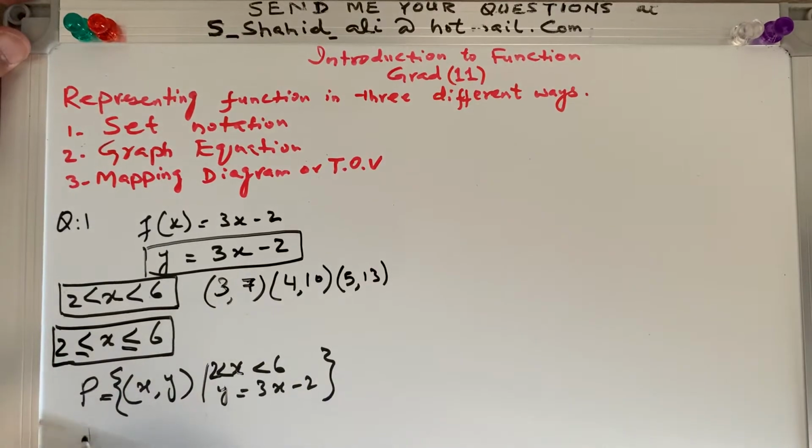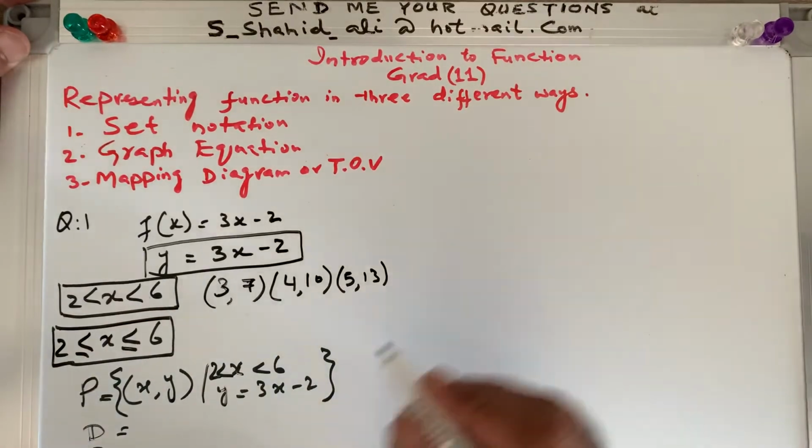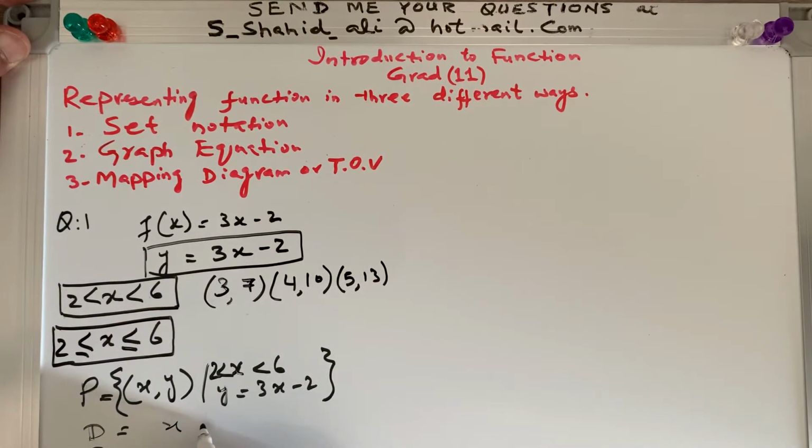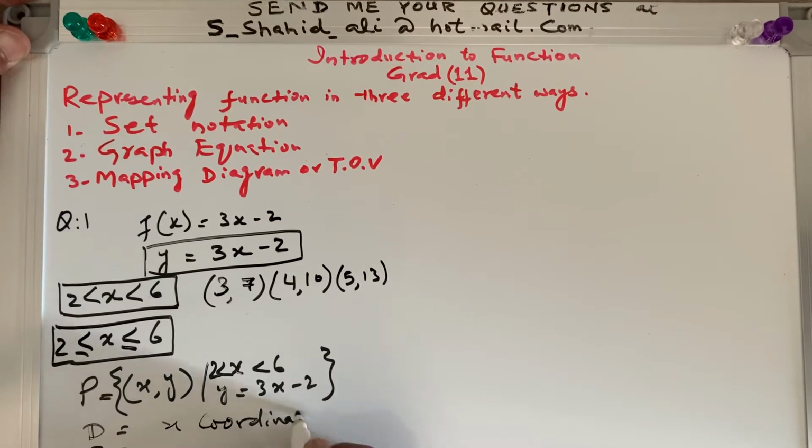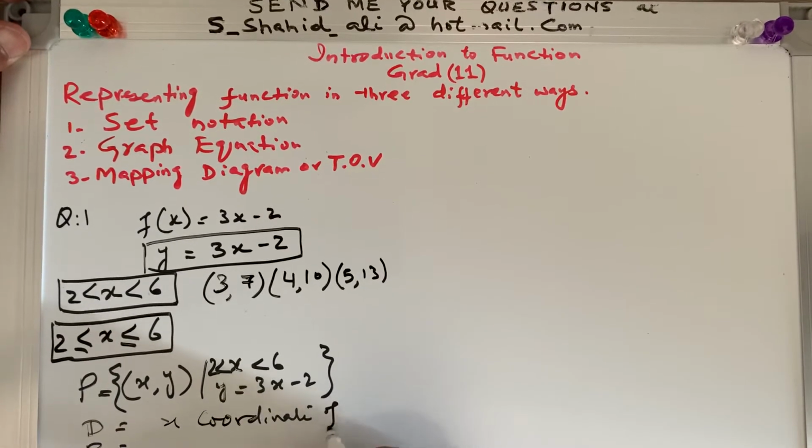So I can also separate this like a domain and range function, but that is not the requirement of this question. All right, so domain is the x component or x coordinate of function or ordered pairs or TOV, right?